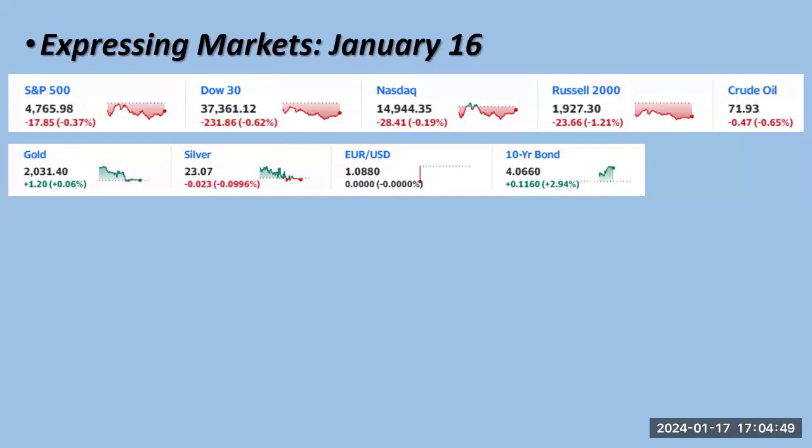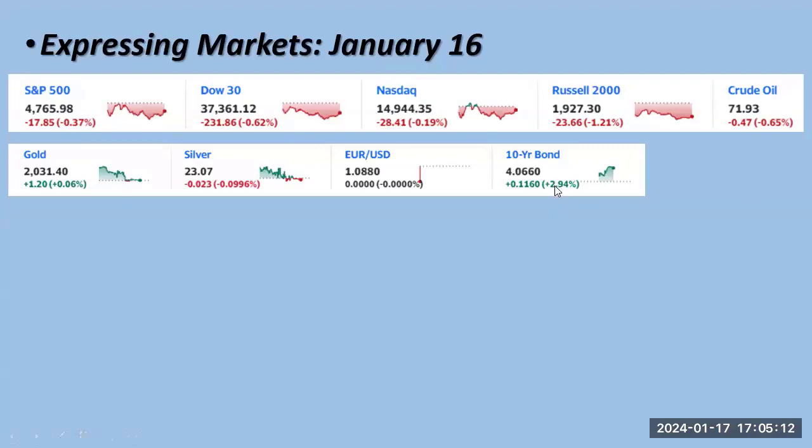What's the best way to say that? All right, so that's 11.6 basis points. Have y'all heard basis points before? That's 11.6 basis points. The 10-year treasury was up 11.6 basis points.